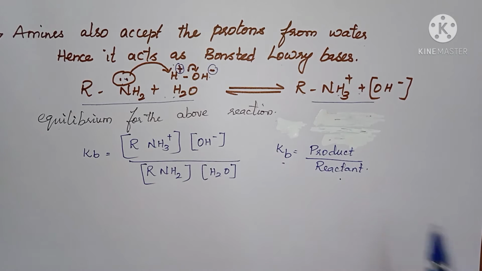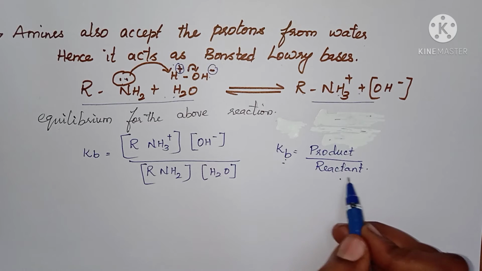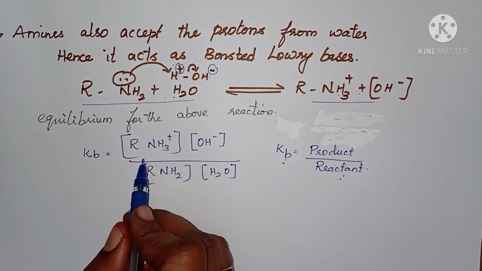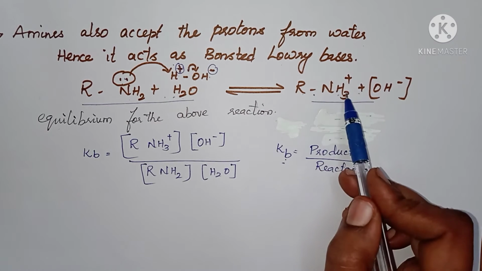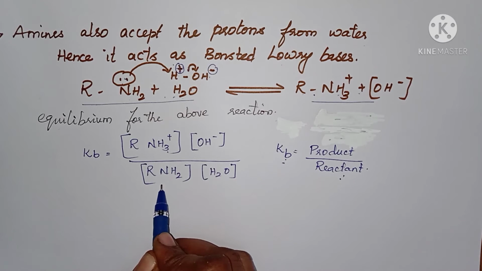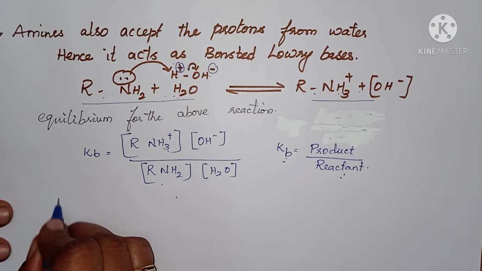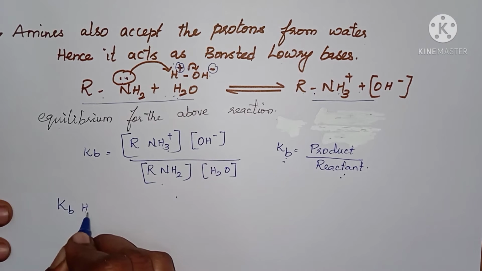That only is the concept. Sorry, I said it wrong. Kb equal to product by reactant. The products here are RNH3 plus and OH minus, divided by the reactant. Now we are going to check the concentration of the water molecule.